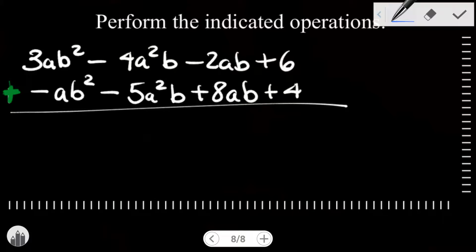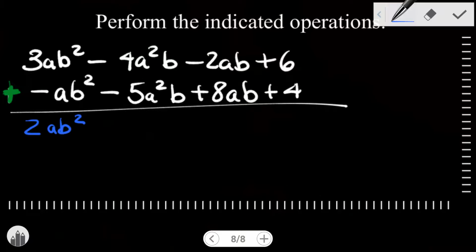It's 3 times ab squared plus a negative ab squared. So since we have like terms, which is the ab squared, you can go ahead and subtract that. So you will have a 2ab squared.